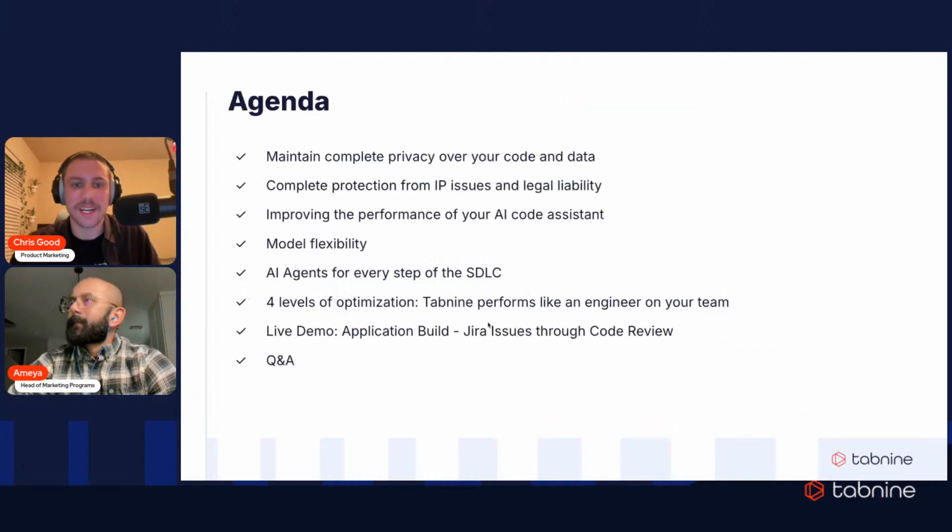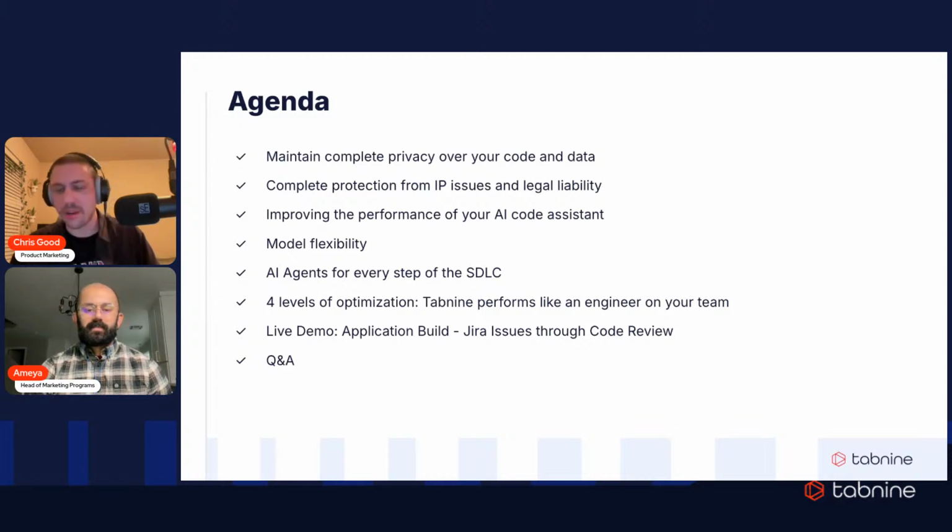We're going to be covering a lot here today. Here's what you can expect to learn in this session. We'll start off by going over how to maintain complete privacy over your code and data, how to have complete protection from IP issues and legal liability, how to improve the performance of your AI code assistant. We'll talk about model flexibility.